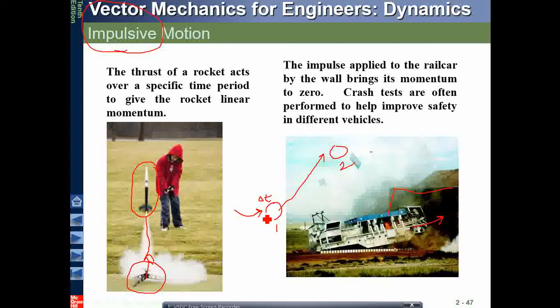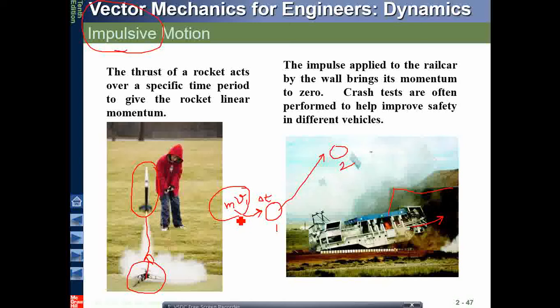So where delta t is very small, and the velocity with which your leg is moving is, let's say, v1, this is the momentum mv1.